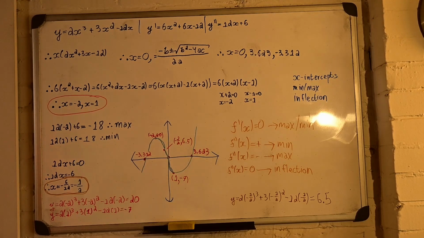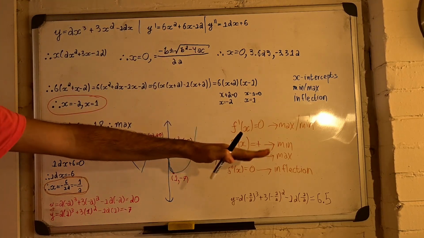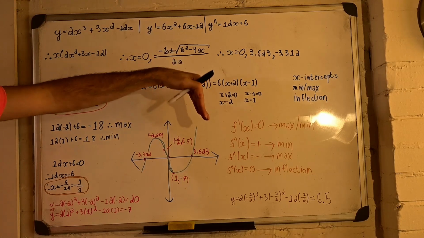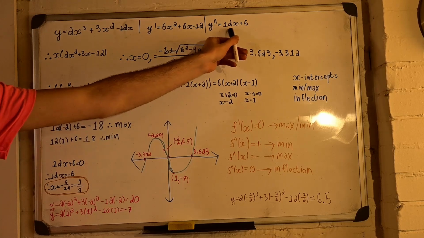It's basically the point at which the graph starts to change direction. If your graph is sloping downwards and then starts curving back up, the inflection point is the moment at which it starts to curve in the opposite direction. That can also be helpful for your drawing of the graph. So we're going to find when this is equal to 0.